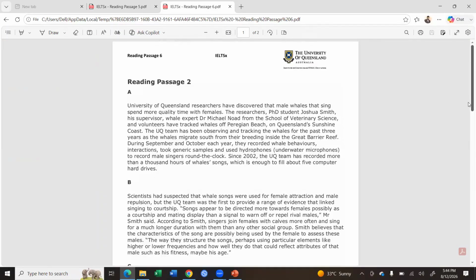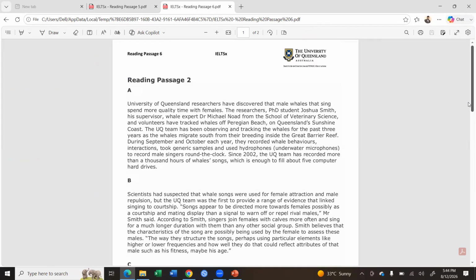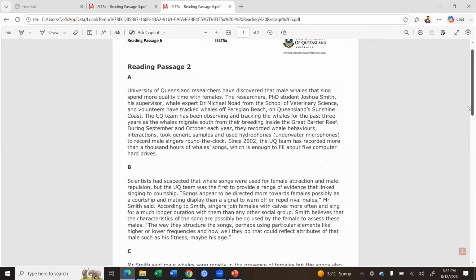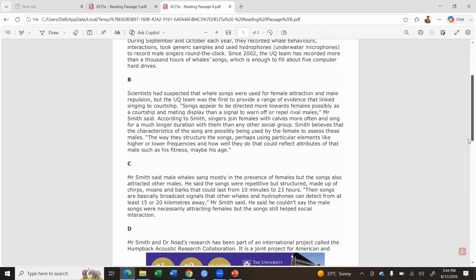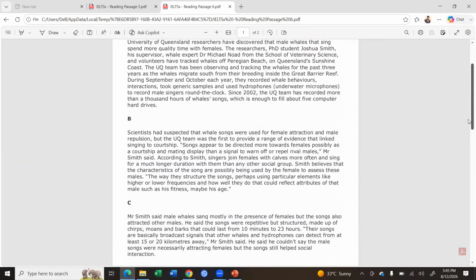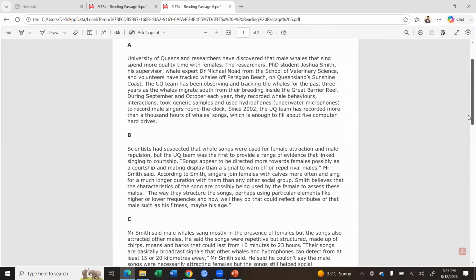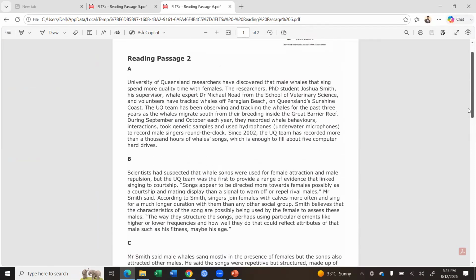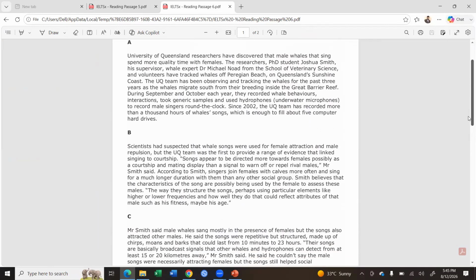Now, this is the passage, right? You have one, two, three, four paragraphs, right? When you read until C, let me know. I will scroll it down, okay? You have to read all these passages and then choose a suitable title for the whole passage, okay?